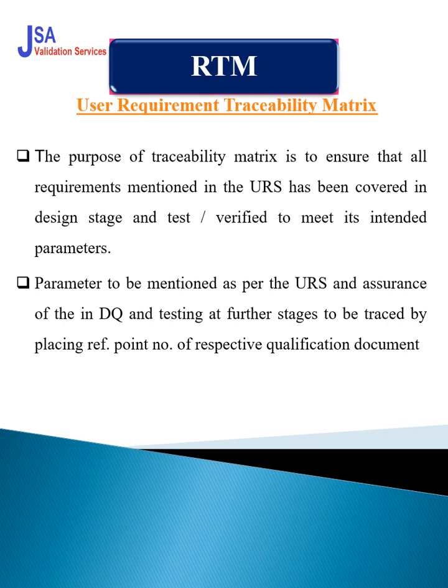Okay, where you are going to verify this requirement. So in IQ, OQ, PQ, where you verified this parameter. Suppose the system should have 3 levels of access like operator, supervisor or manager, there are 3 levels of password.